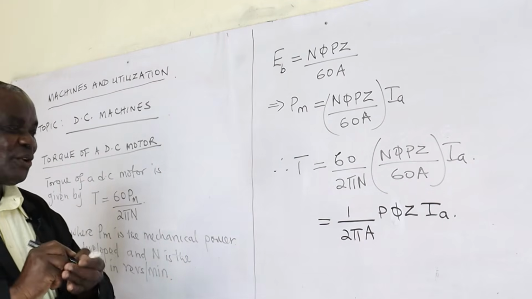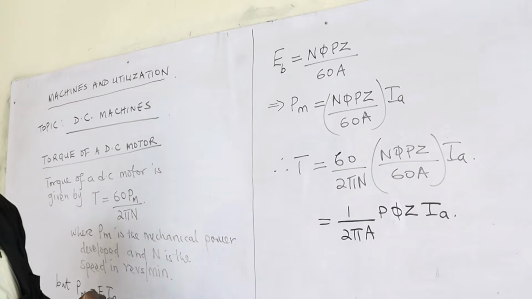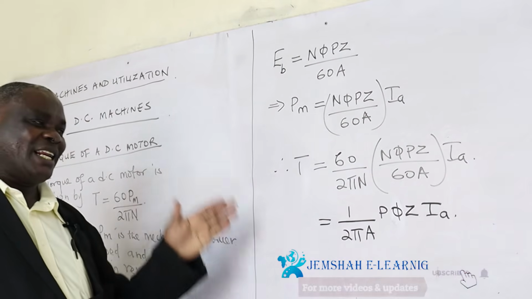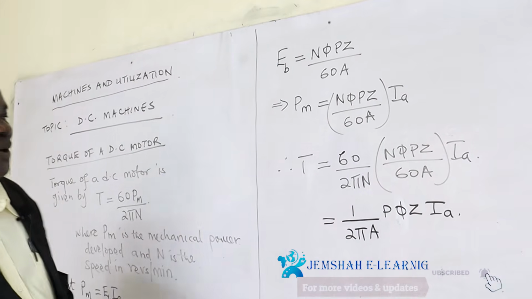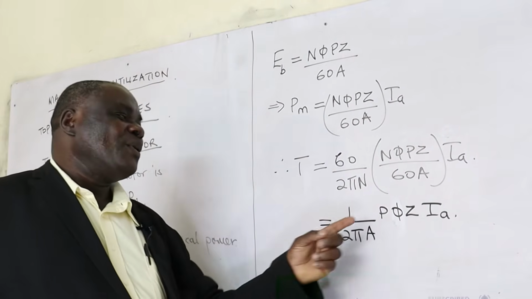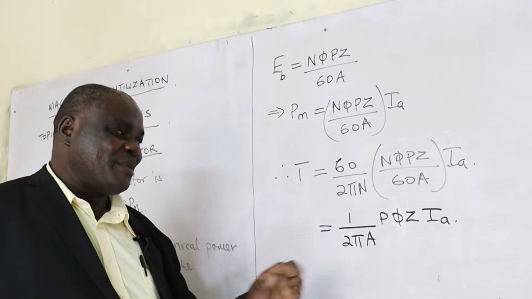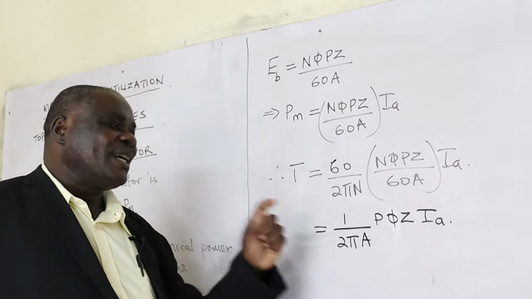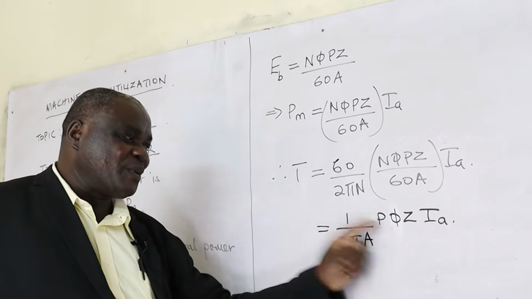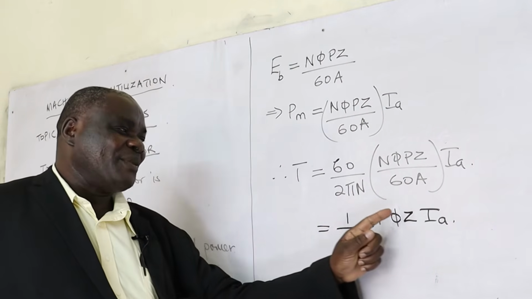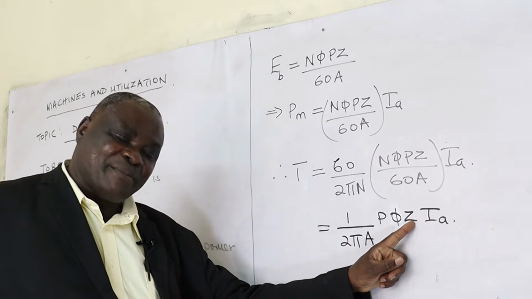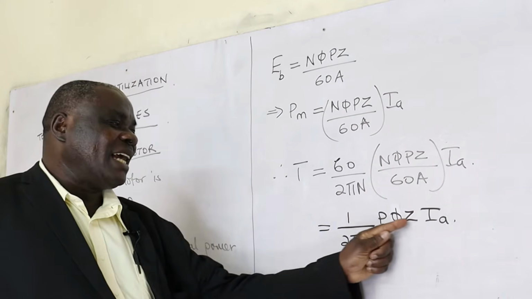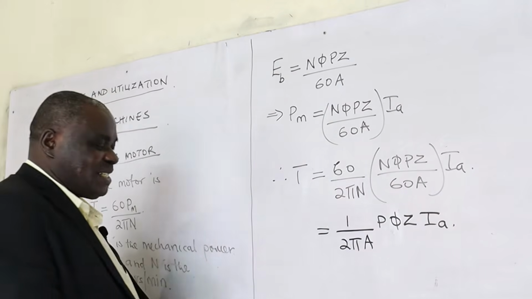But when a motor is already bought and it is within the premises where it is to be installed, or already installed, you cannot have P as a variable. P will be a constant because the motor is already with you. There is a defined number of poles for that particular motor. And you cannot change the number of parallel paths within the armature. So P and Z will be constants.